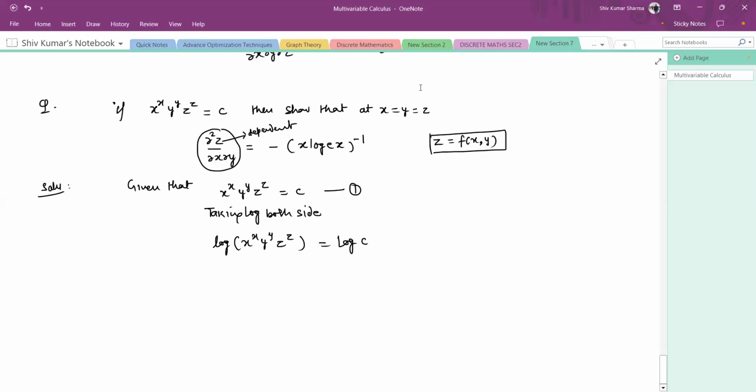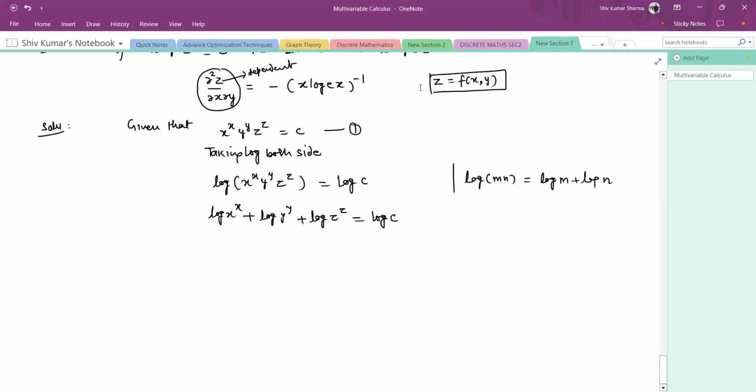We have the log property: log of m into n is log m plus log n. So we write log x raised to the power x plus log y raised to the power y plus log z raised to the power z is equal to log c.